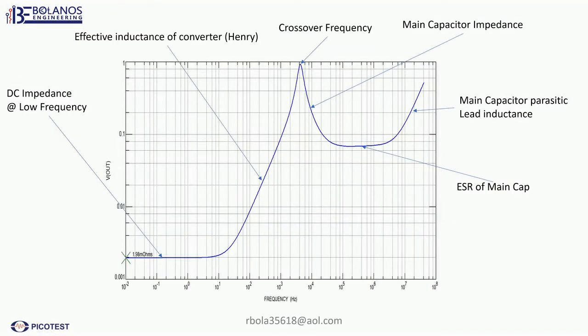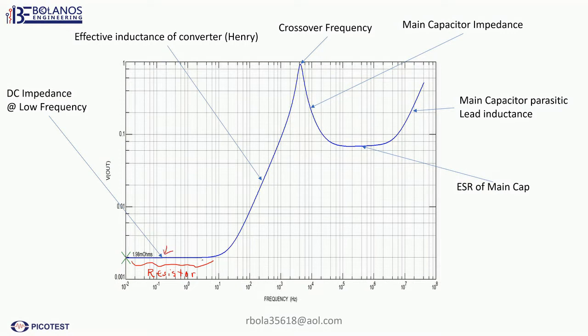Okay, so now here is a plot of the same output impedance, and there are certain sections that you can read out, and if you learn how to read this, it makes it much easier to interpret what is what. So anytime you see a horizontal section, that's going to be a resistor. In this case, this section is the DC impedance at very low frequency.